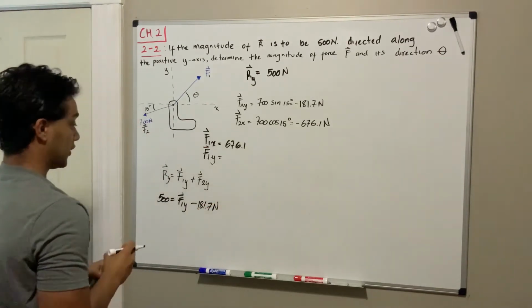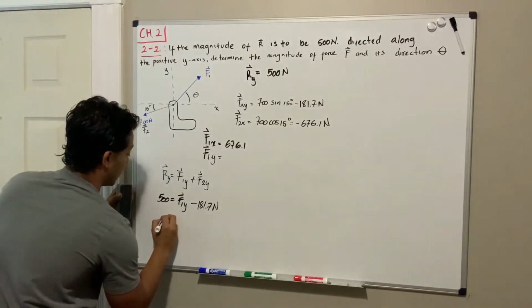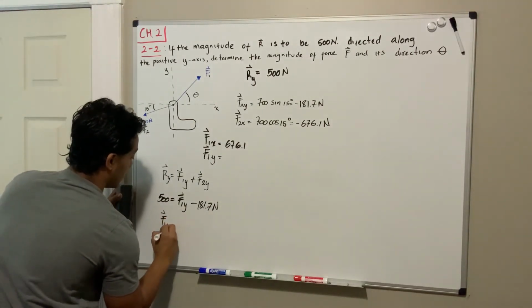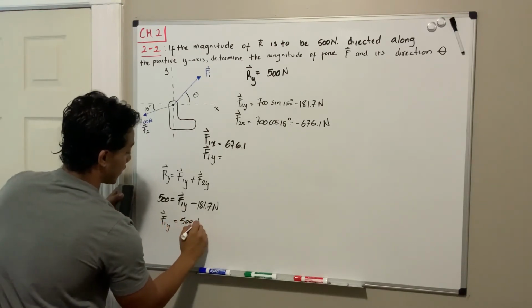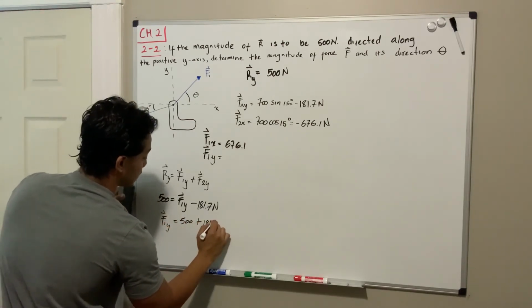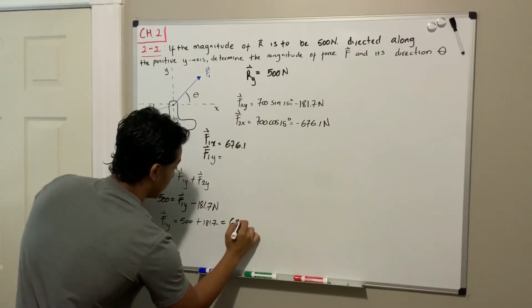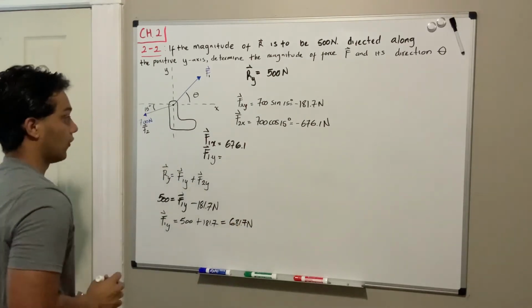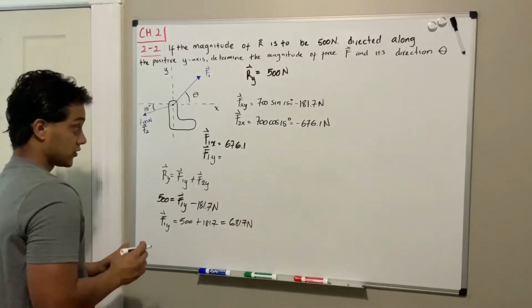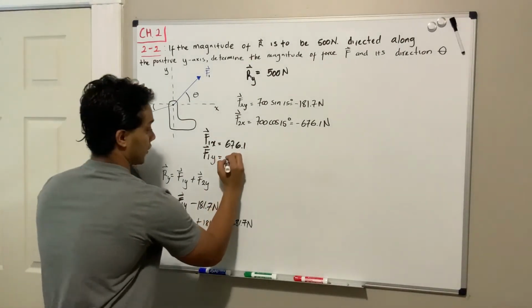By doing this, we solve for F of 1y, and it's going to be the 500 plus 181.7, which is 681.7 newtons going up.